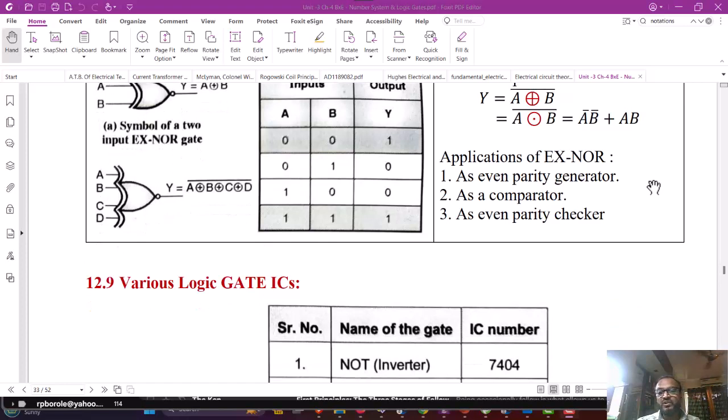The exclusive NOR gate can be used as an even parity generator. It can be used as a digital bit comparator, and it can be an even parity checker also.